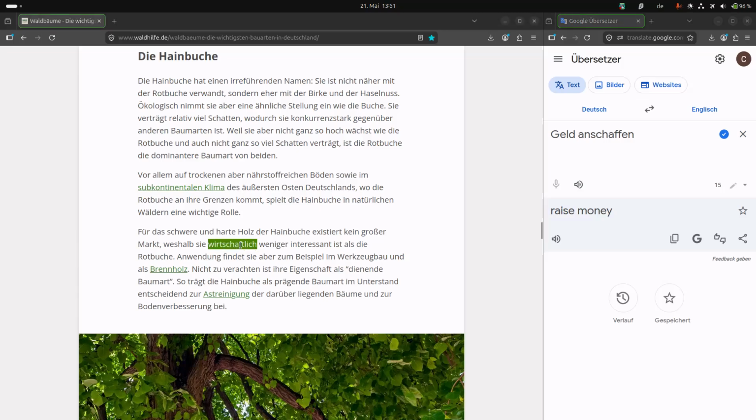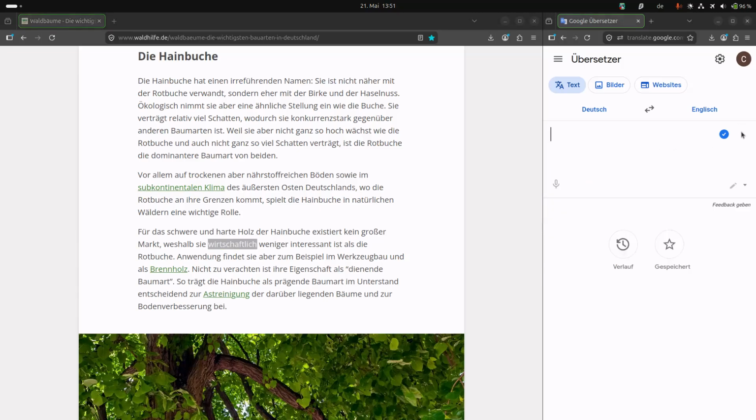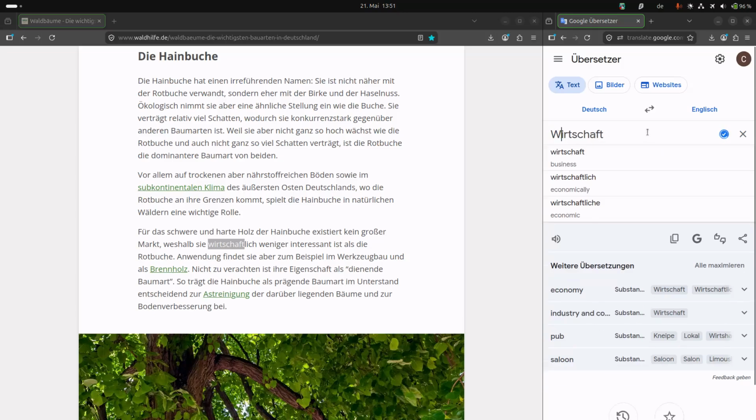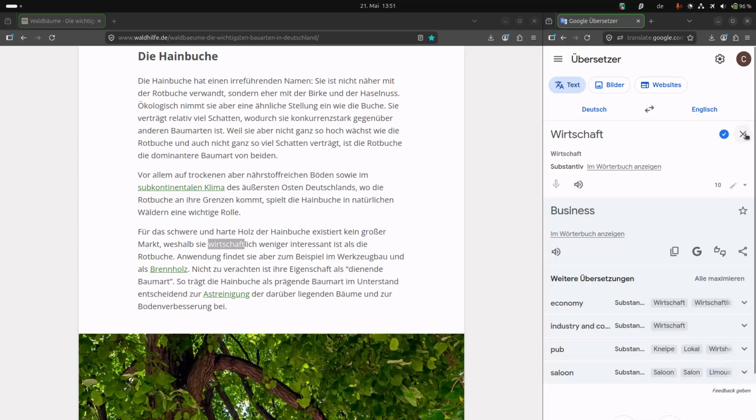It's not too important to know why this is. This just means economically, and Wirtschaft with an uppercase W means economy, of course, or business, but rather economy.